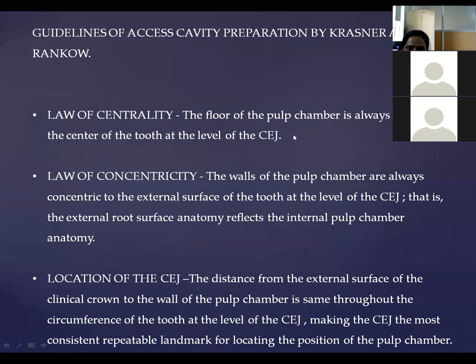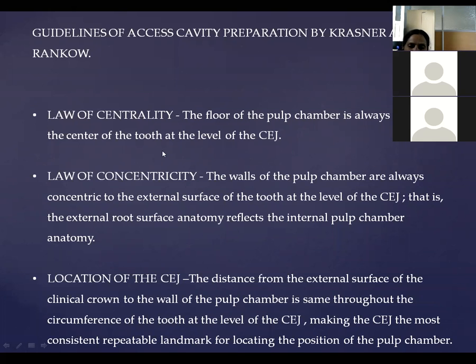If you go beyond the floor of the pulp chamber, what will happen? You will perforate into the furcation area. So when the pulp chamber is calcified, you are not able to differentiate the floor of the pulp chamber. At that time your reference point will be the level of the CEJ.